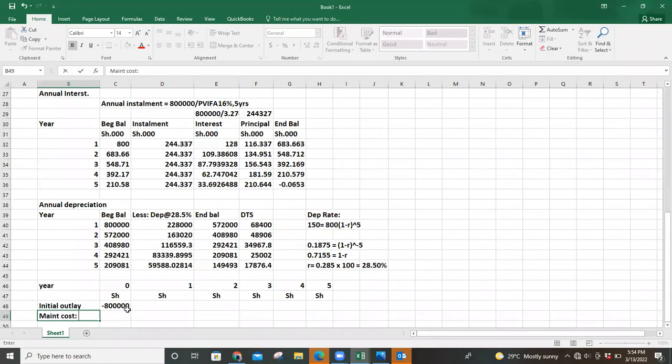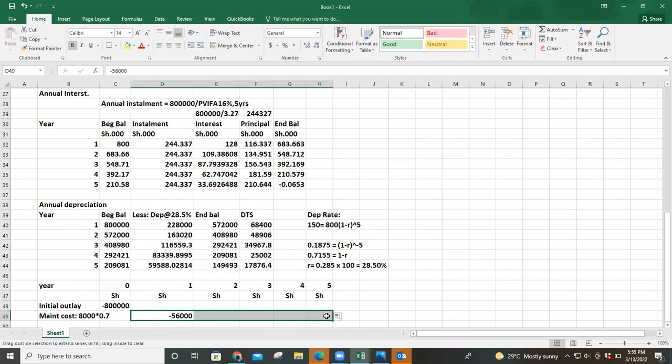So we're having 80,000 times 0.7, the after tax. That is 56,000. The cost. And it's for each of the 5 years.